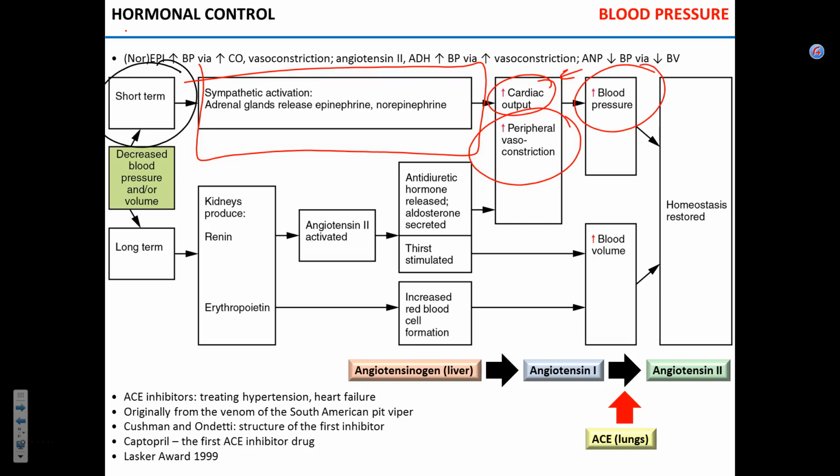Does that make sense? Now, what about long-term kidney regulation? That's called sometimes indirect renal mechanism. Now, kidneys produce renin. Renin is a unique hormone. It's the hormone that is an enzyme at the same time. Renin activates angiotensin II.